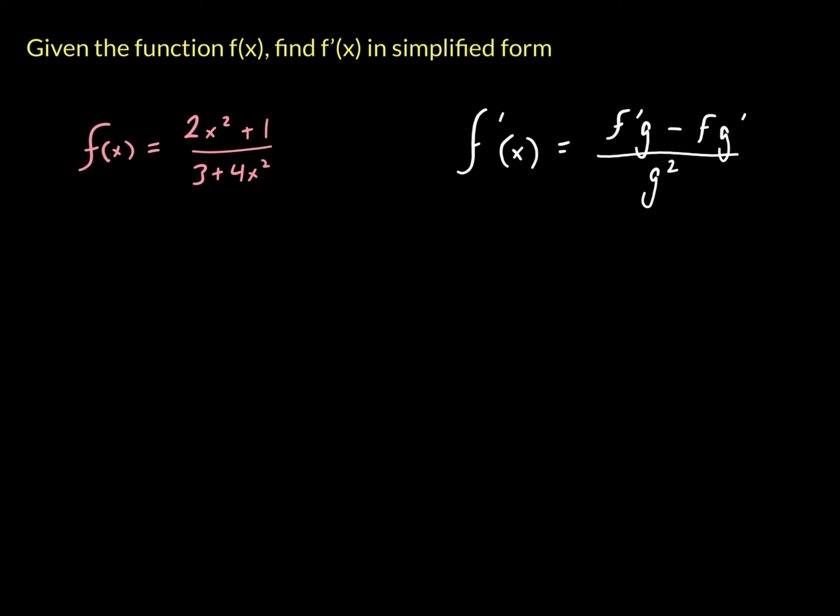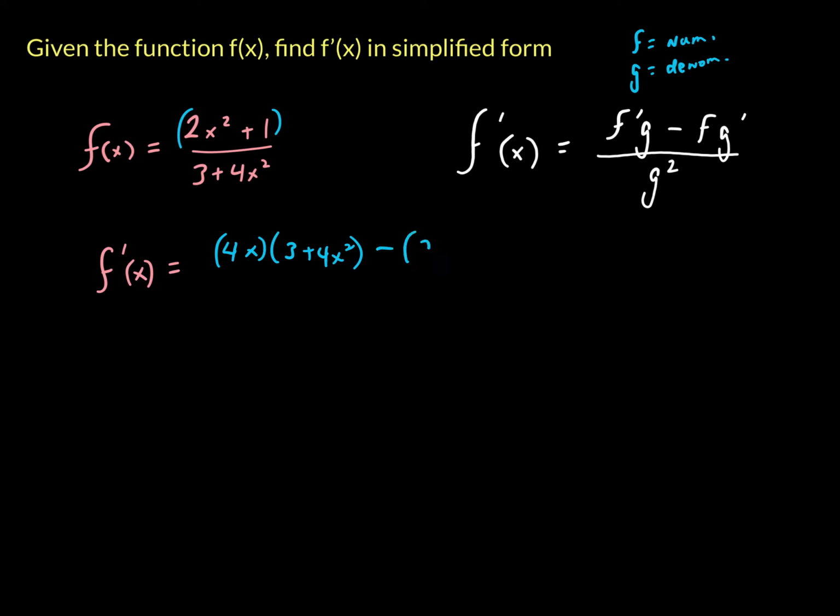Here we are, f of x. We have to find f prime of x, and we're going to leave it in simplified form. Maybe it would help if I label these. I think you get the idea, but f is what I'm referring to as the numerator, and the g is the function down in the denominator. So let's do it. The first one becomes 4x, right? If we take the derivative of this one, that becomes 4x, and we leave the second, which is 3 plus 4x squared.